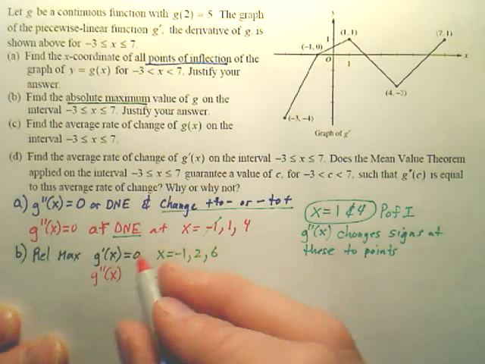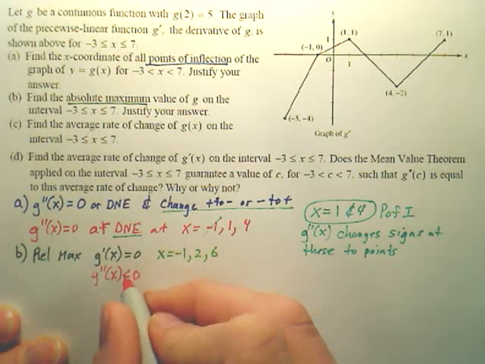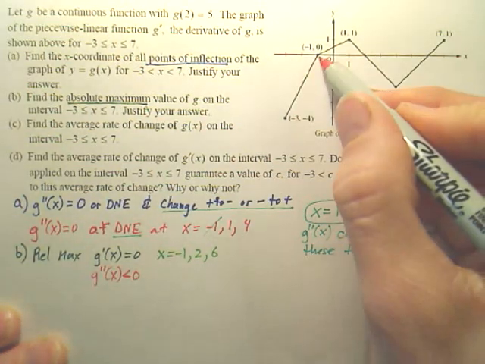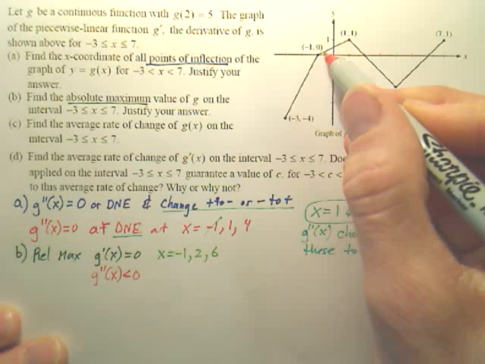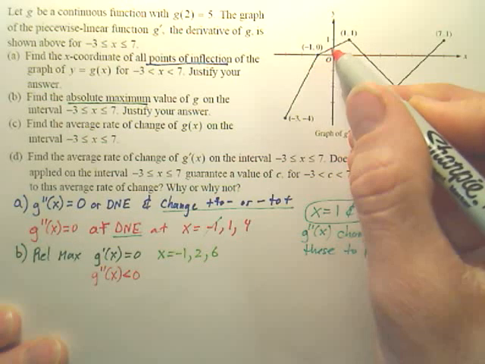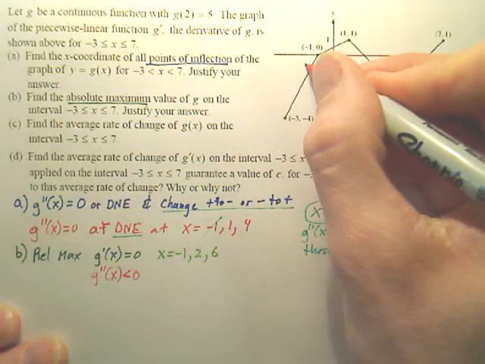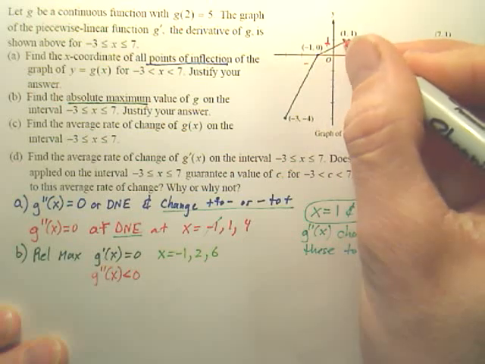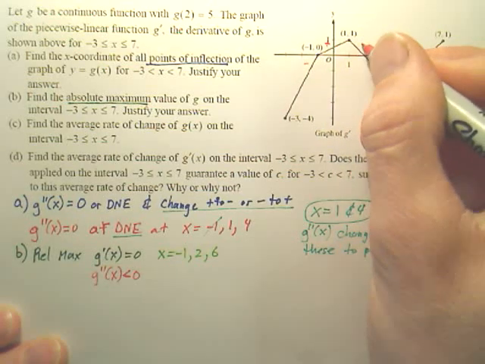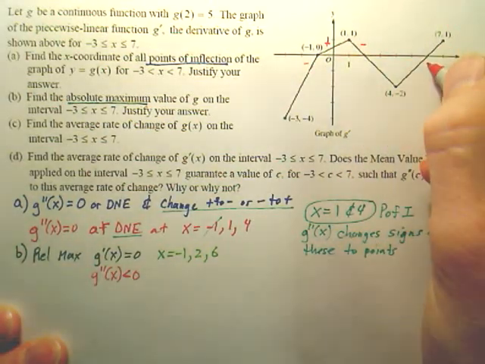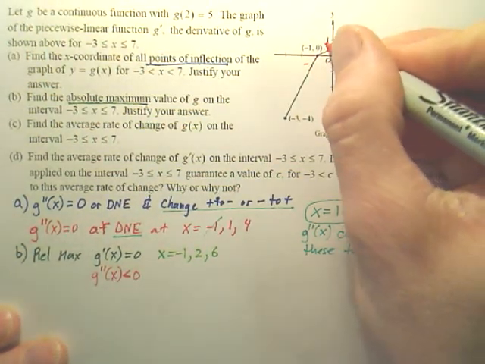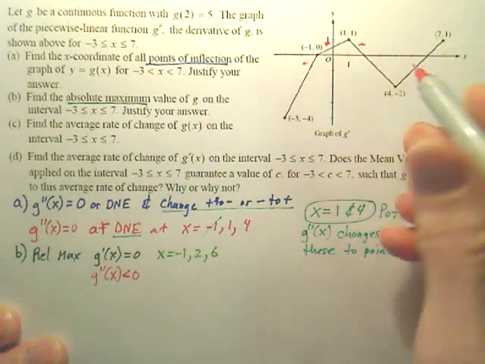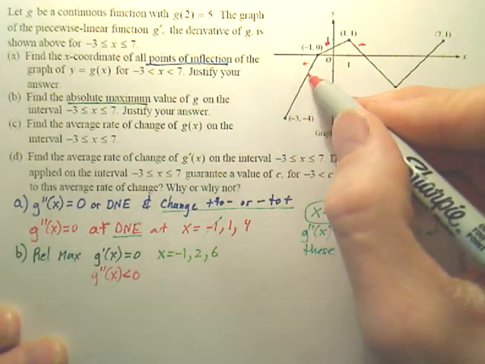So it has to be less than 0. Basically, does this change from positive to negative? Ignore these marks.